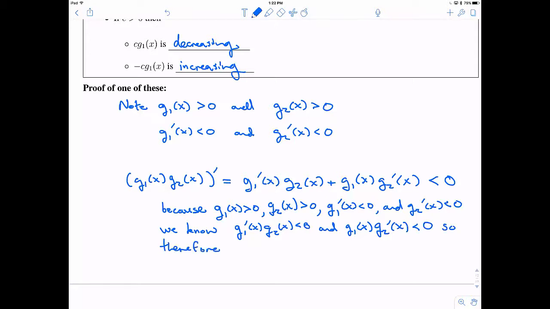So therefore, their sum, g1 prime of x times g2 of x, plus g1 of x times g2 prime of x, is less than 0.